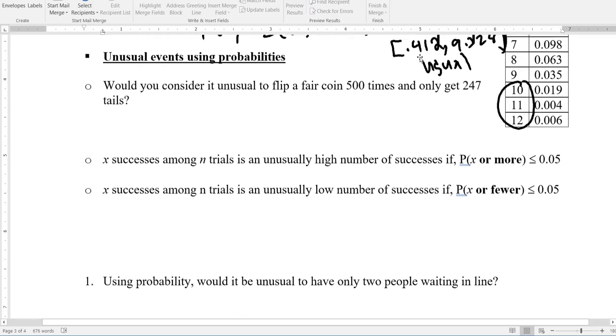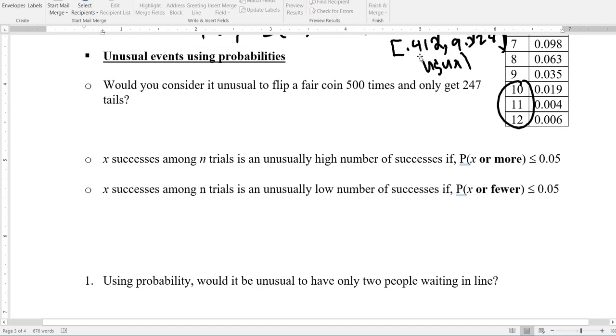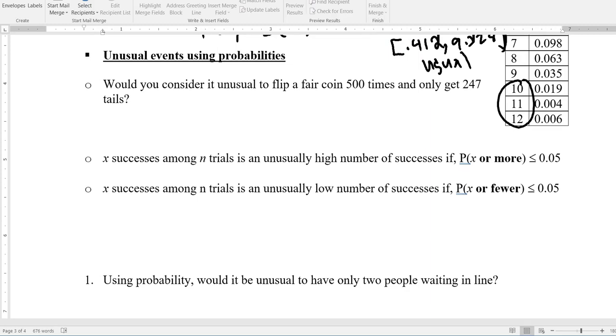Would you consider it unusual to flip a coin 500 times and only get 247 tails? Well, we could calculate the probability of this, right? What is the probability that we get 247 tails out of 500? Okay? Well, we know that the probability of getting tails is 1/2.